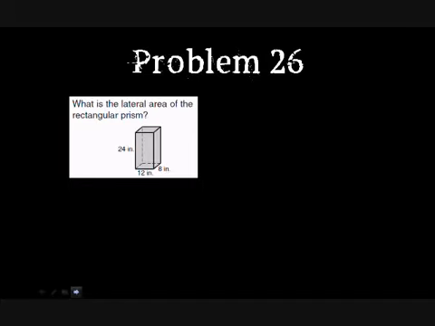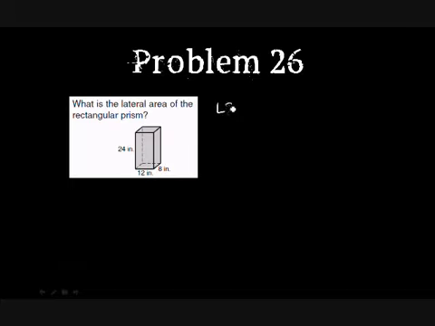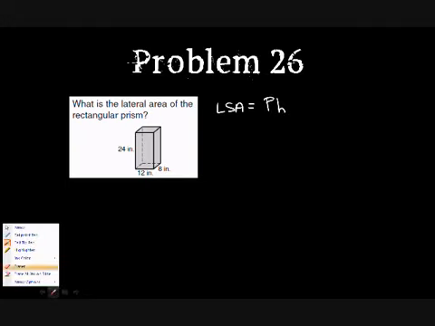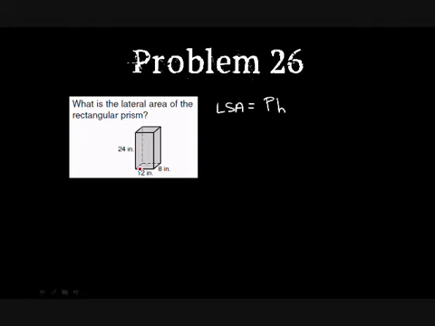Okay. What is this problem 26? It says, what is the lateral area of the rectangular prism? And the formula that we're going to use is, so lateral surface area is capital PH. Remember, the capital P is the perimeter of the base. And in this case, here's our base. And where I'm drawing is the perimeter. So it'd be 12 plus 8 plus 12 plus 8.